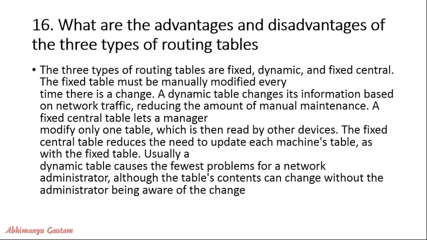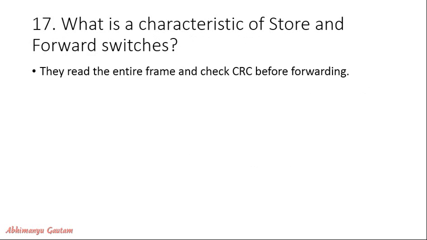A fixed central table lets a manager modify only one table, which is then read by other devices. The fixed central table reduces the need to update each machine's table as with the fixed table. Usually a dynamic table gives the biggest problem for a network administrator, as the table content can change without the administrator being aware of the change.